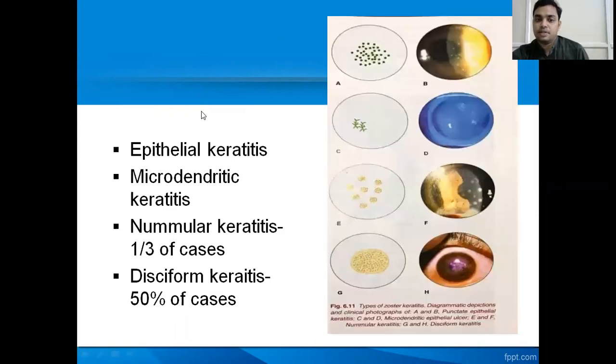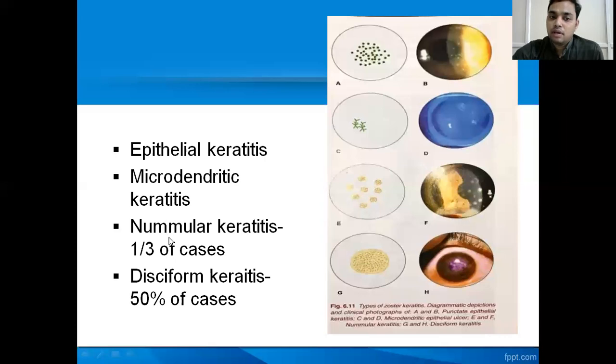What are the characteristic features we see in the cornea? Like herpes simplex virus, first the epithelium is involved. As the epithelium is a superficial layer, first the epithelium is involved, and we see epithelial keratitis. And after that, the superficial stroma is also involved, and we see microdendritic keratitis. Here we see microdendritic keratitis, unlike dendritic keratitis in herpes simplex virus.